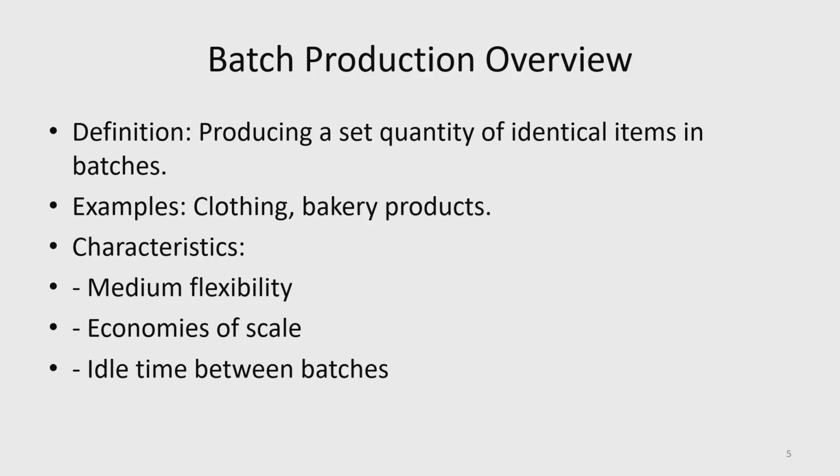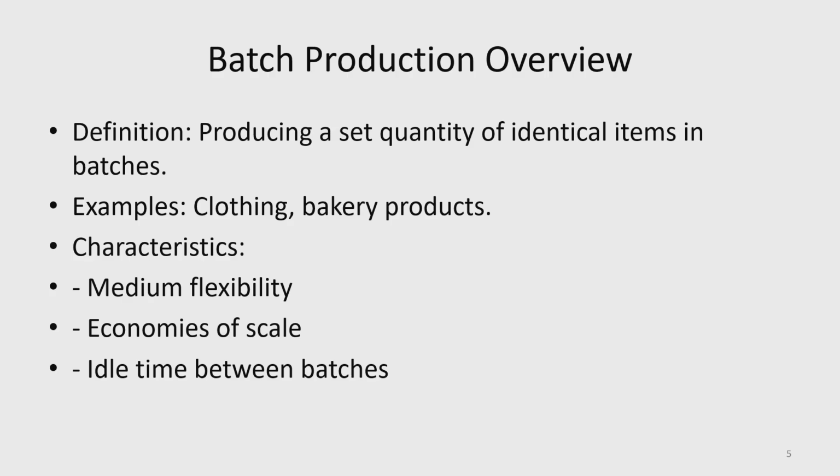So, an example is clothing. Sometimes we make T-shirts in sizes. You might have seen T-shirt sizes 40, 38, 36, 42, 44, like that they give the numbers. You have to choose between those, so some flexibility is lost. Similarly, shoes can also be an example of batch production.